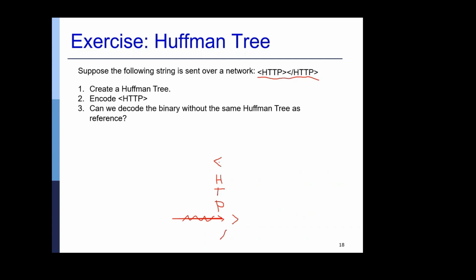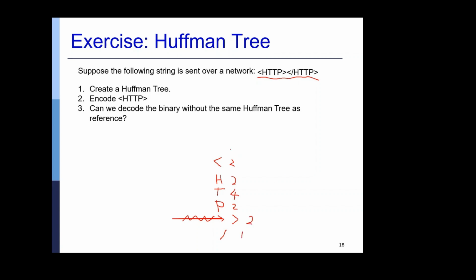Then you just count the frequency. Less than 1, 2, okay, only 2. H 1, 2. T 1, 2, 3, 4. P 1, 2. Greater than 1, 2. Slash only 1.